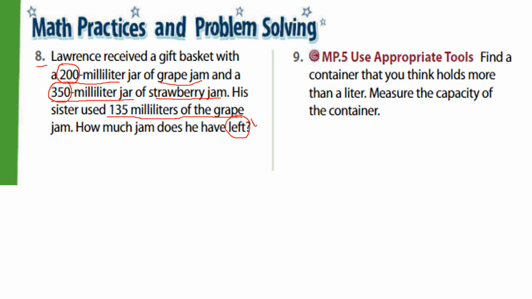So we have the word left. When you see the word left in a problem, it indicates what? Excellent, subtraction. So how many milliliters did the sister use? Excellent, 135 milliliters of which jam? Grape jam or strawberry jam? Excellent, grape jam. So in the beginning, what was the capacity of the grape jar when he received the gift?